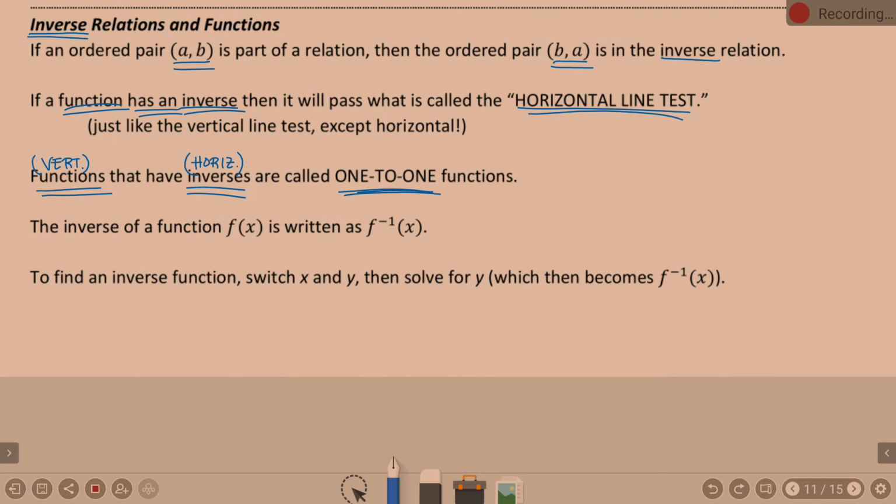And so a function that is one-to-one is going to pass both the horizontal and vertical line test. So I'm going to write a note there. Passes both horizontal and vertical line test.